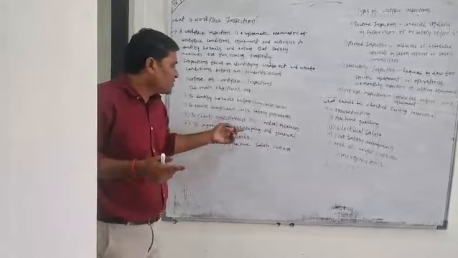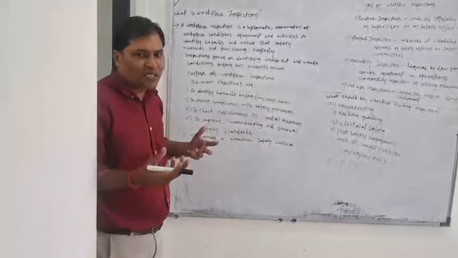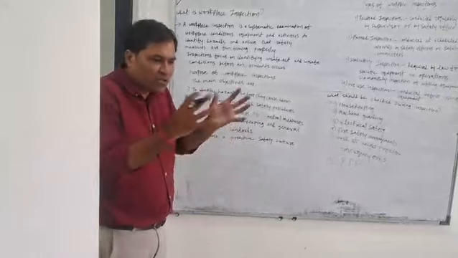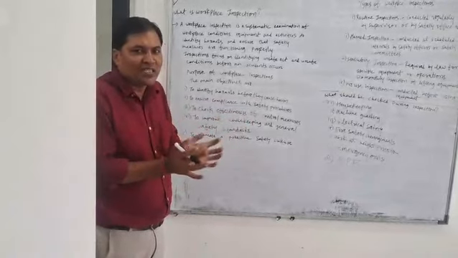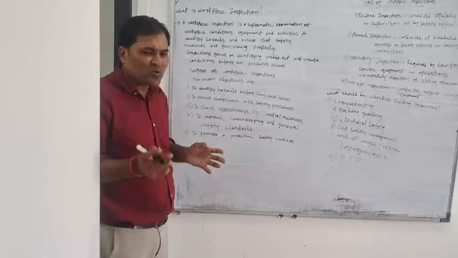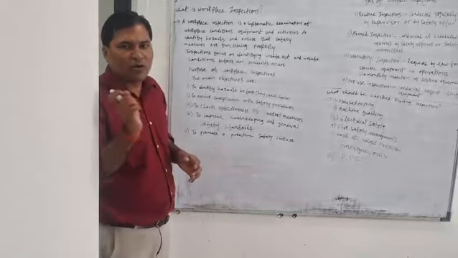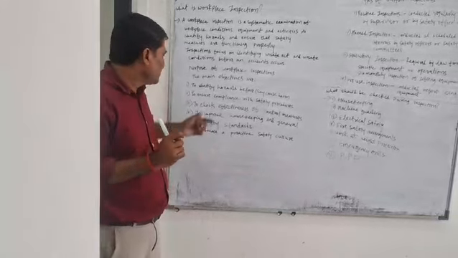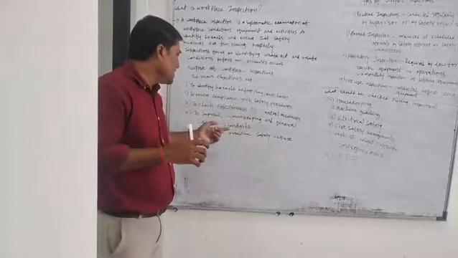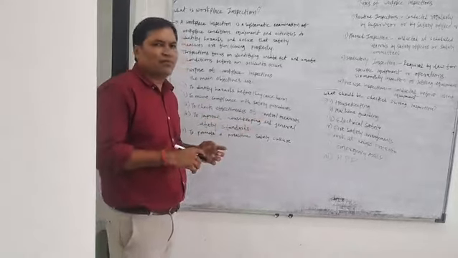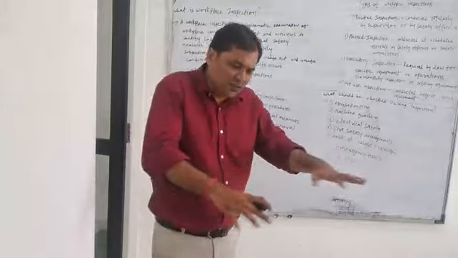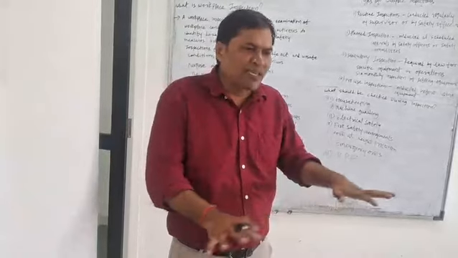Then, to check the effectiveness of control measures, you have to put the machines on guarding systems. There is a switch as well for on-off purposes. Also, to improve housekeeping and general safety standards: wherever you work, you have to maintain proper cleanliness.